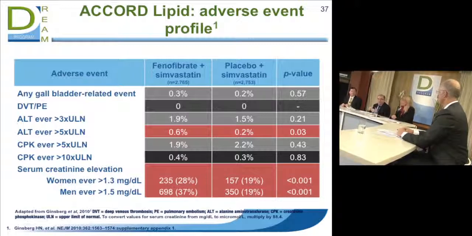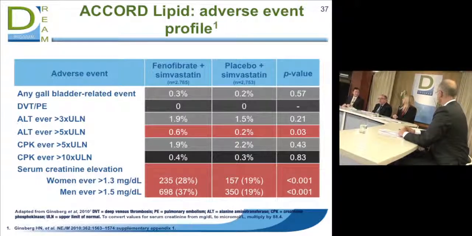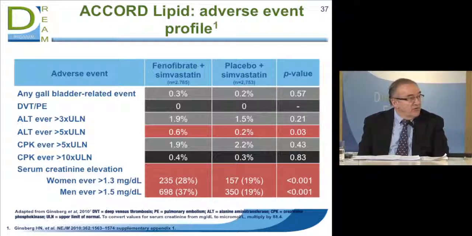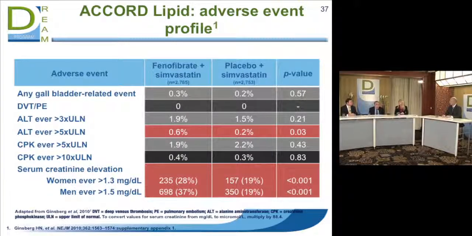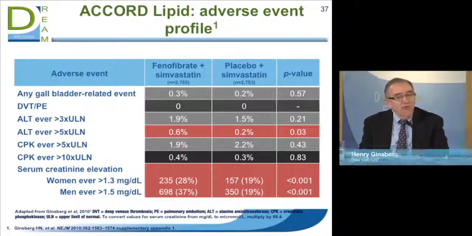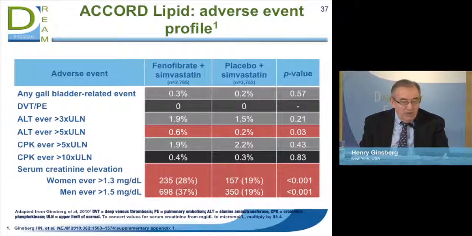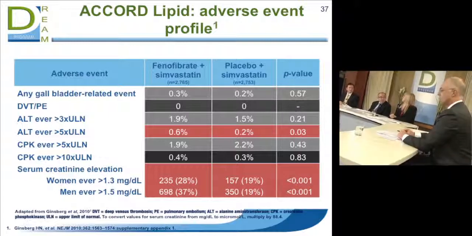To address that, I'd like to look at the overall adverse event profile. First of all, based on some of the findings in the FIELD trial, we focused on gallbladder-related disease, deep vein thrombosis, and pulmonary emboli, and we saw no signals at all of toxicity. We also, of course, because of the long-standing concerns with statins and fibrates about their effects on liver function, looked carefully, and for ALT greater than 3 times the upper limit of normal, the rates were very low and not different between the two groups.